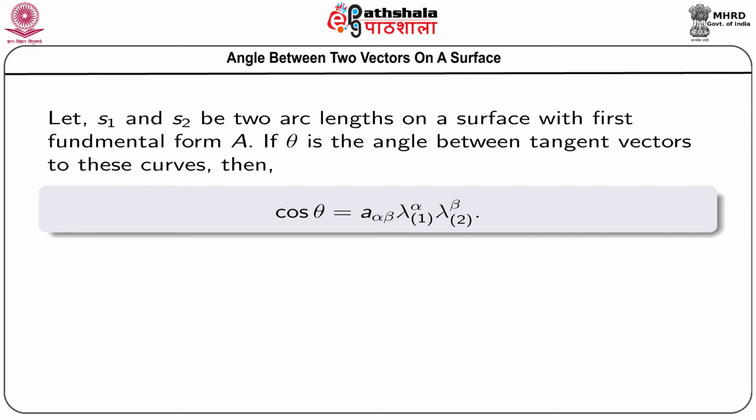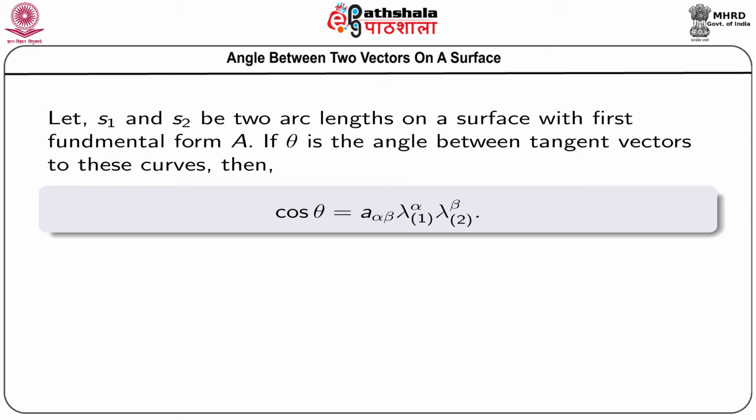Now, what is the meaning of this λ^α_1 and λ^β_2? a_αβ is the coefficient of the first fundamental form. Just as we have seen in our earlier section, a_αβ is a covariant symmetric tensor of rank 2. Now, λ^α_1 are the components of the unit tangent vector for the arc length S1, and λ^β_2 are the components of the unit tangent vector for the arc length S2.